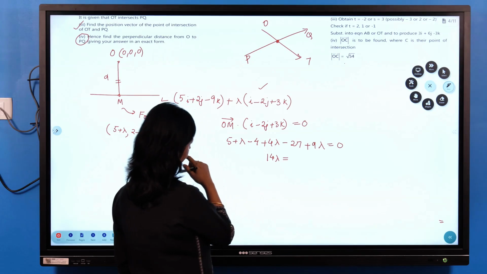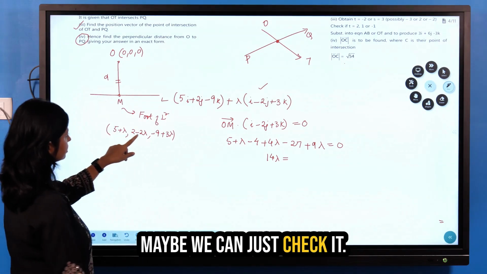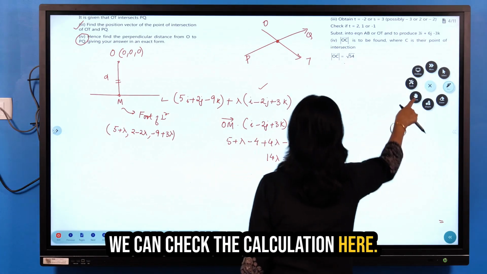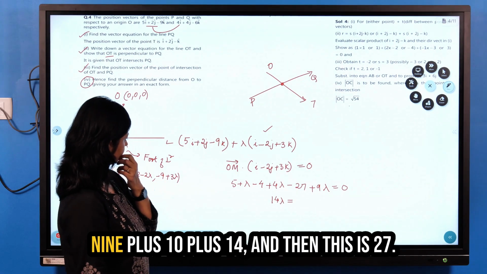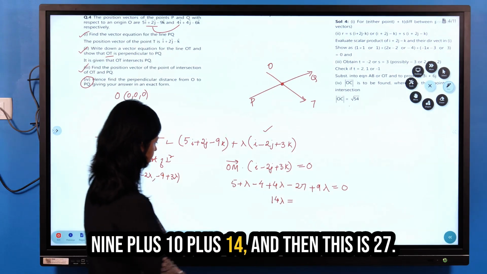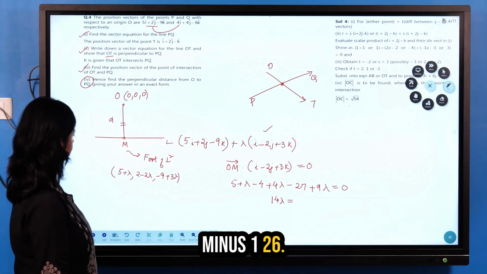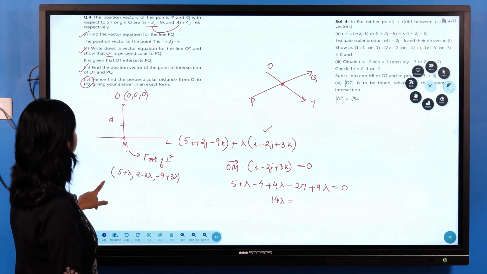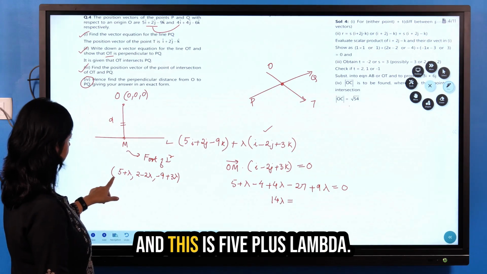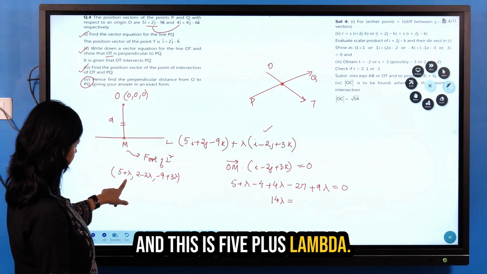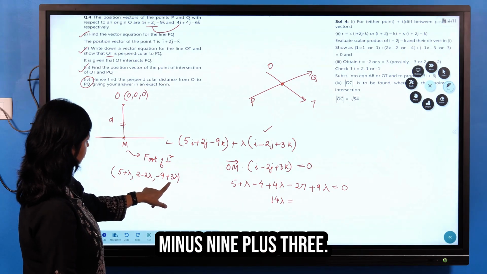Maybe we can check the calculation here. 1 minus 2 plus 3, and this is 5 plus lambda, 2 minus 2, minus 9 plus 3.